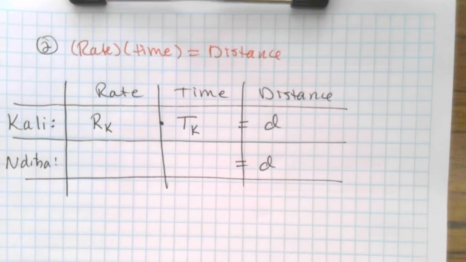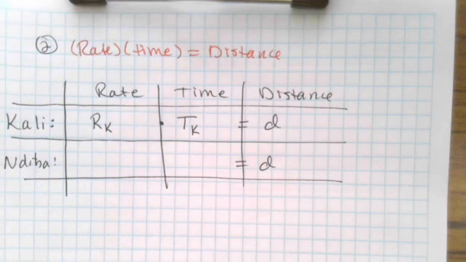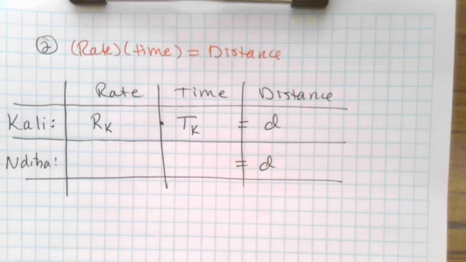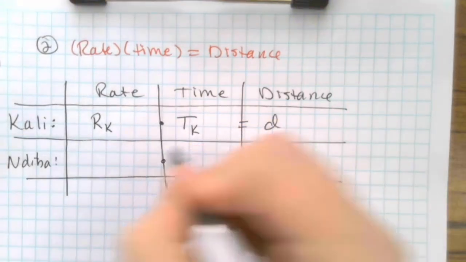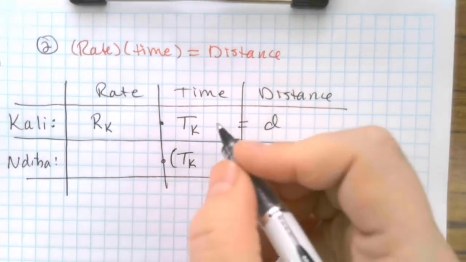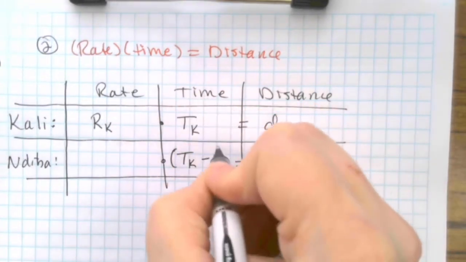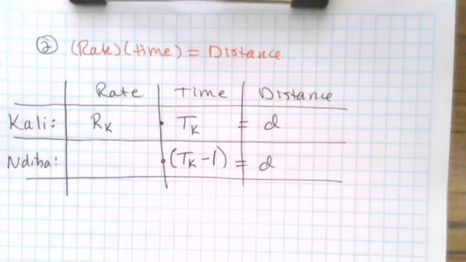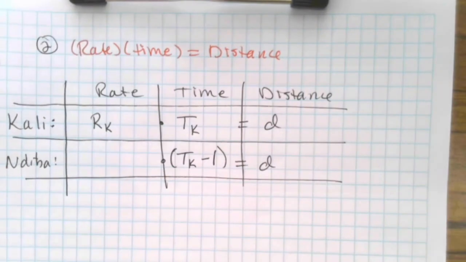It says that Nadiba left 1 hour later. So that means that her time was shorter than Kali's time because she left an hour later. So we can represent Kali's time and then subtract 1 hour because Nadiba left an hour later.